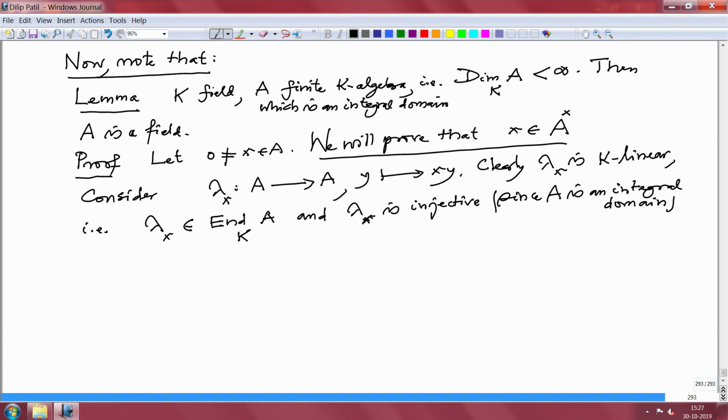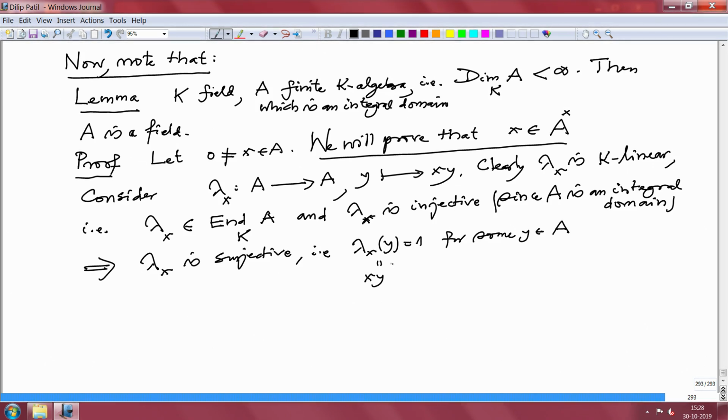Therefore lambda x is surjective, that is, lambda x of some y will be equal to 1 for some y in A. But then that y is the inverse of x, xy equals 1, and we are always in the commutative case, so it is also yx. That implies x has an inverse y, so it is a unit in A.